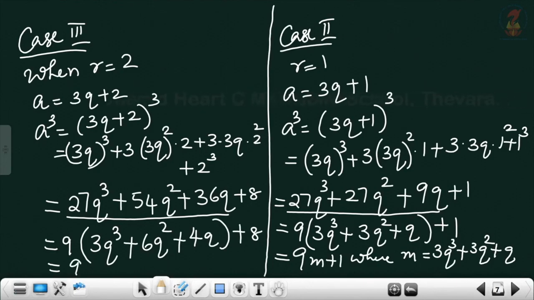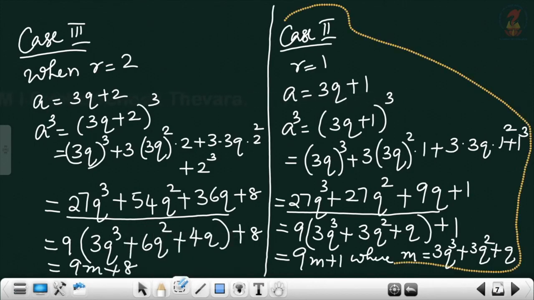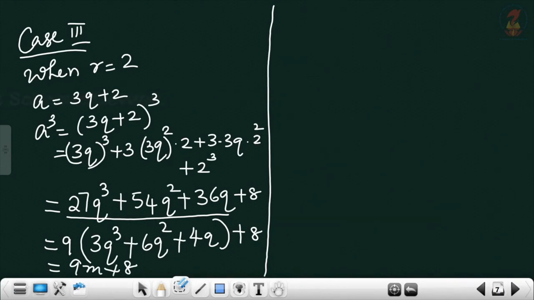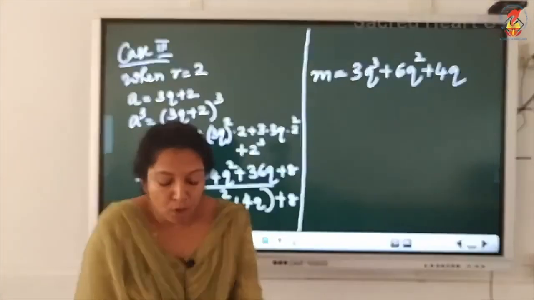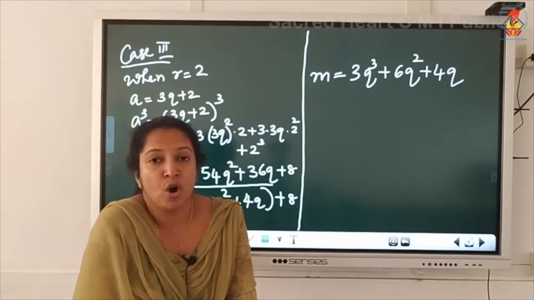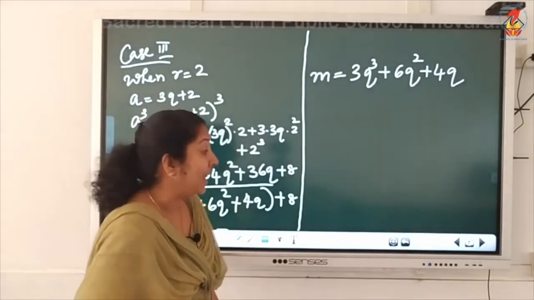So, this is equal to 9m plus 8, where m is equal to 3q cube plus 6q square plus 4q. So, what we got is the cube of any positive integer is of the form 9m, 9m plus 1 or 9m plus 8.